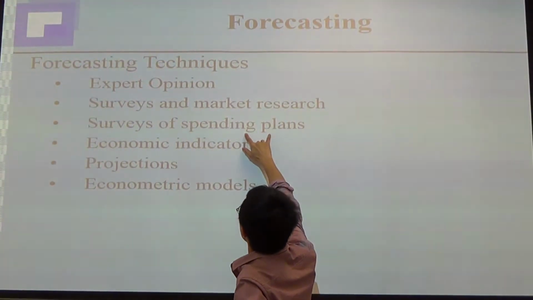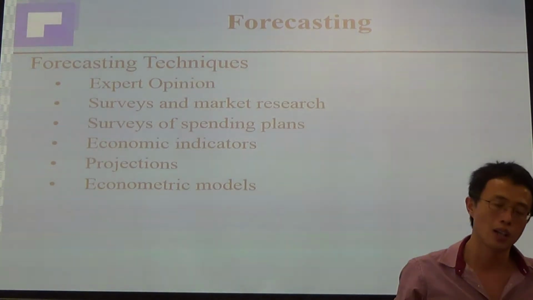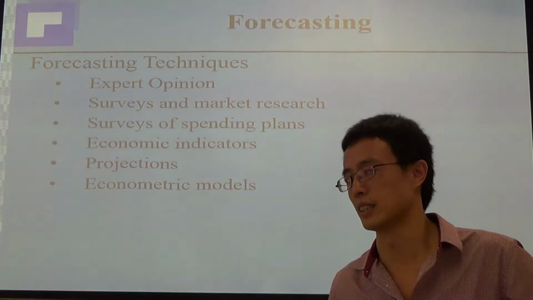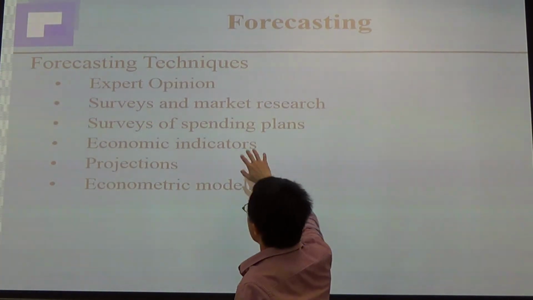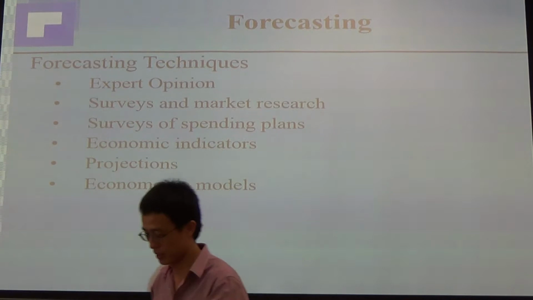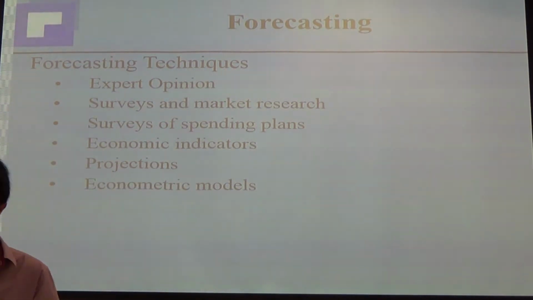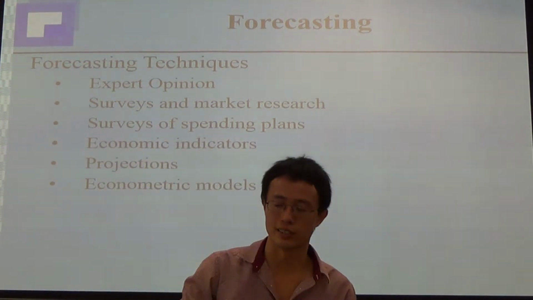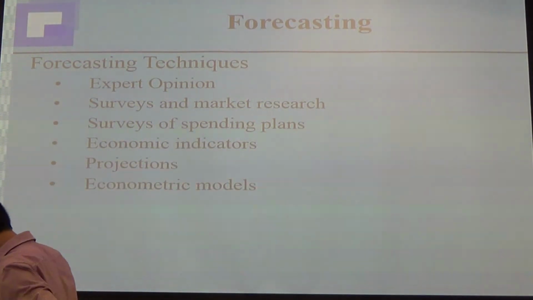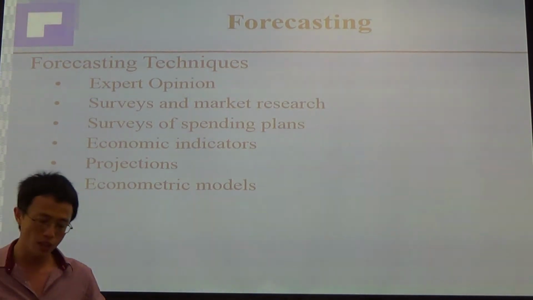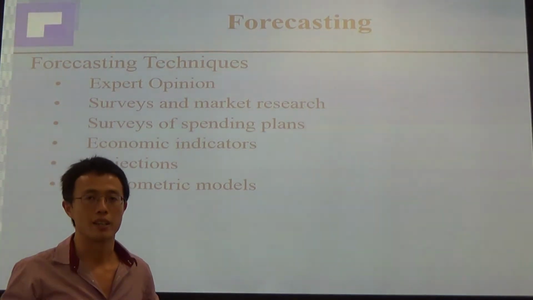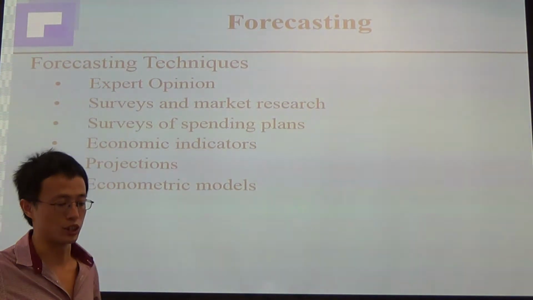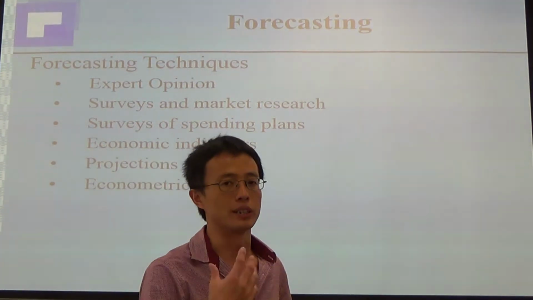You can survey people's spending plans. Ask people how much they are going to spend on this item, how much they are going to spend on other items. You can look at economic indicators. Government agencies such as the ABS, Australian Bureau of Statistics, or the Reserve Bank in Australia, publish regularly different economic indicators, like GDP, like unemployment rate.